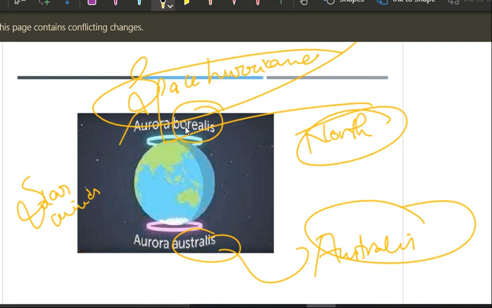So we should be careful about these solar winds, and we are sending a probe, Aditya L1. What is this L1? This is the Lagrangian point where any body can be stable due to equal forces of the sun's gravitational force and Earth's gravitational force.